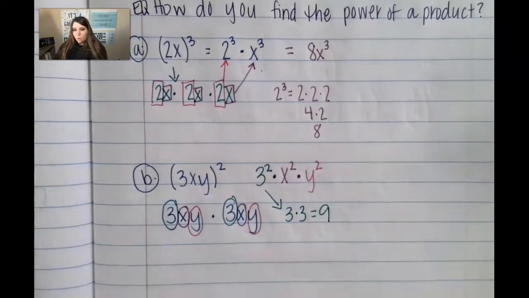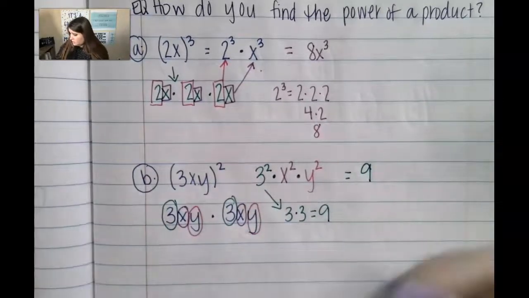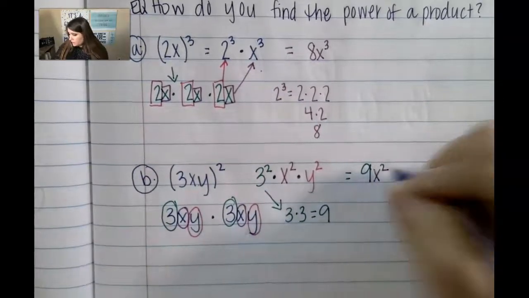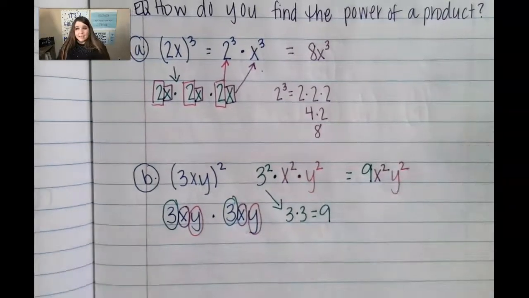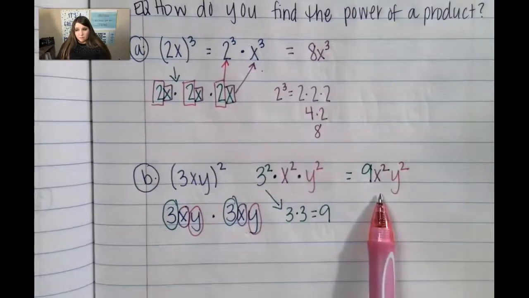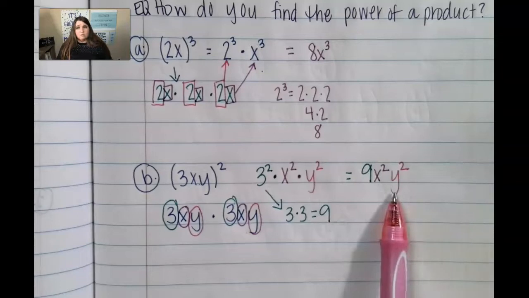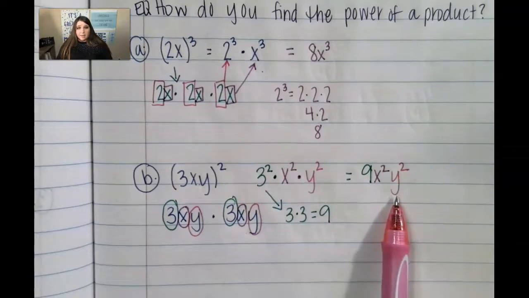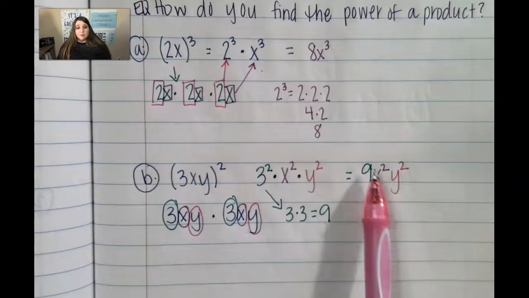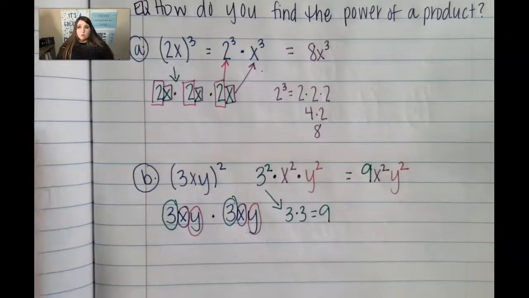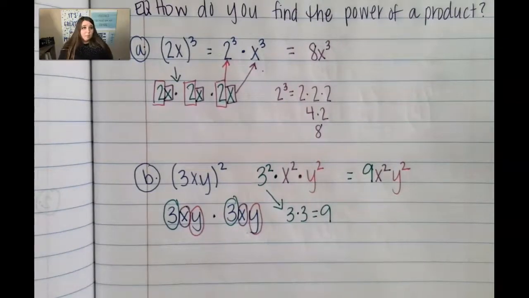So really, this whole problem looks like 9 times x squared times y squared. I cannot simplify this down any further because we do not know the value of x and we do not know the value of y. If we did, then we could solve for those and get rid of those exponents, but we don't know those. So this is how we find the power of a product.